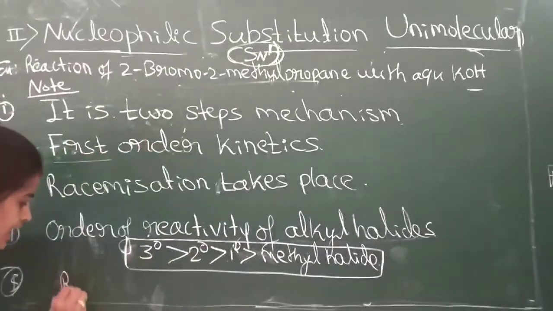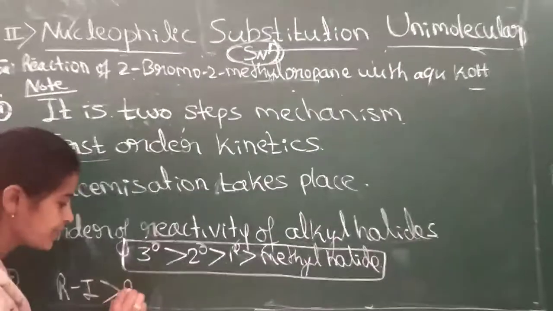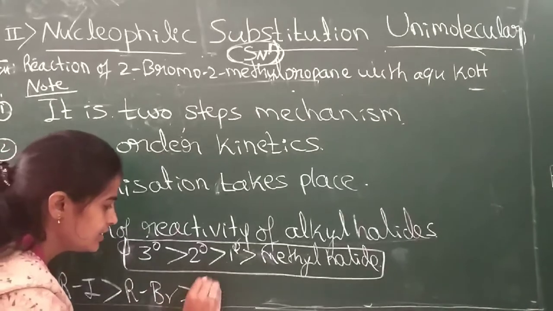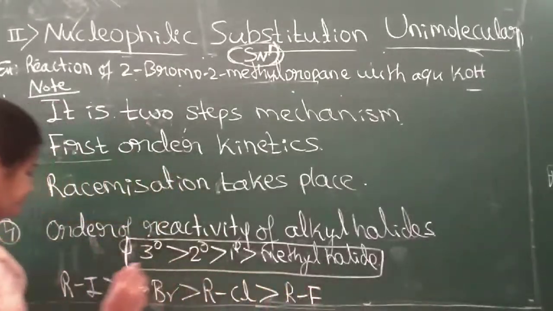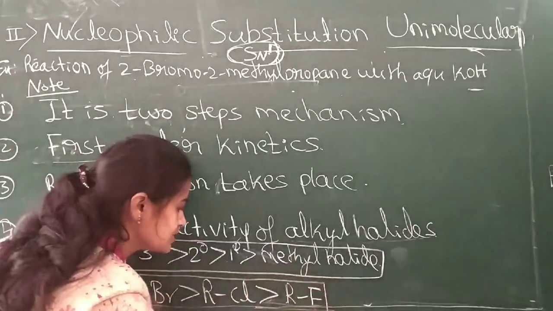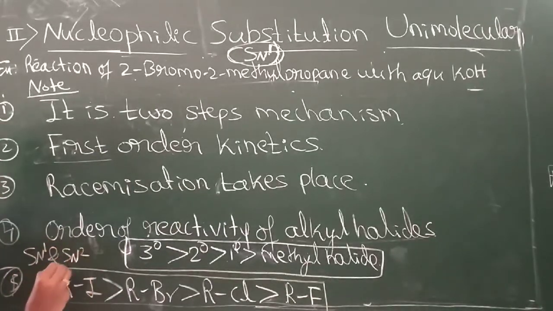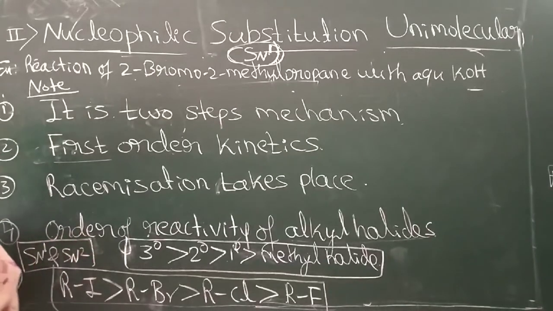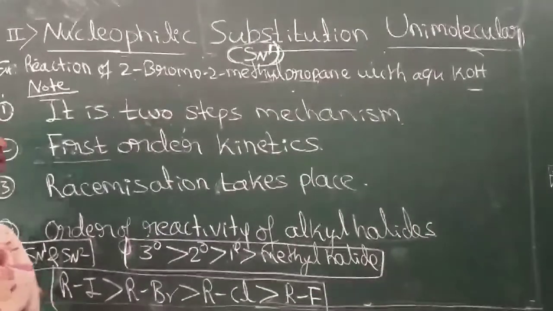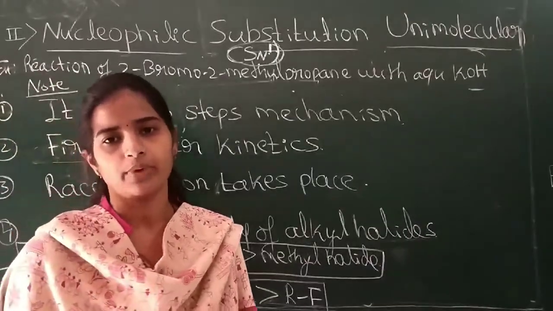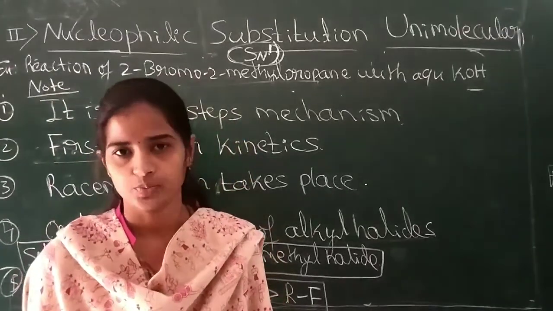See, alkyl iodides can undergo the SN1 or SN2 mechanism fast compared to alkyl bromide, then alkyl chloride, and then alkyl fluoride. Okay, this order is followed by both the SN1 and SN2 mechanisms. These are some important points regarding the SN1 mechanism, and this order will be followed by both. Okay, this completes the discussion of SN1 and SN2 mechanisms.